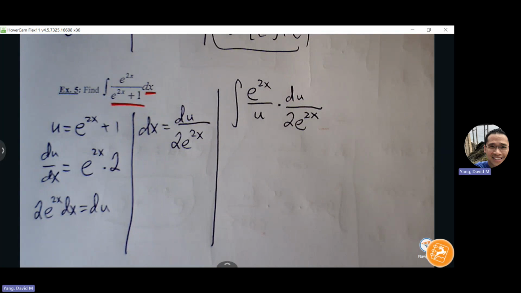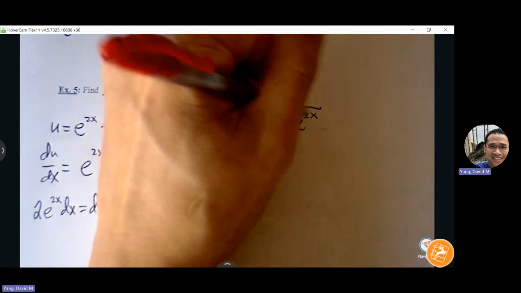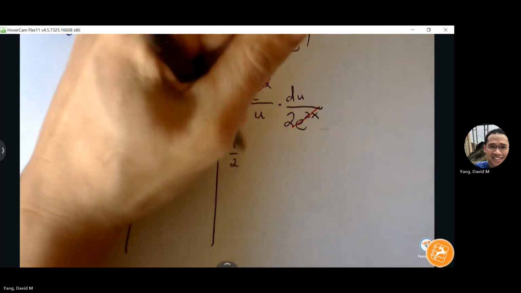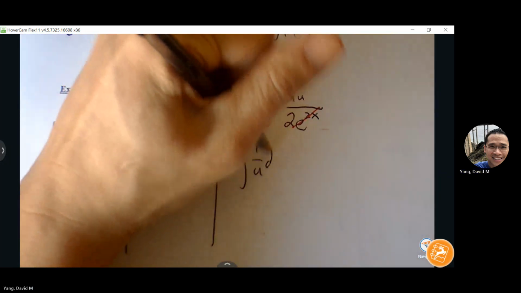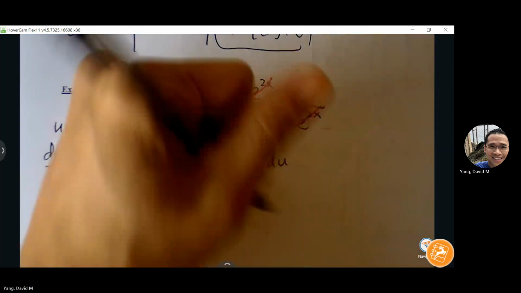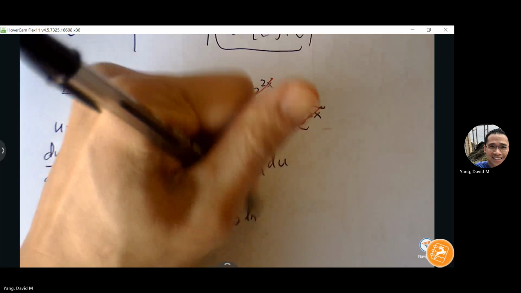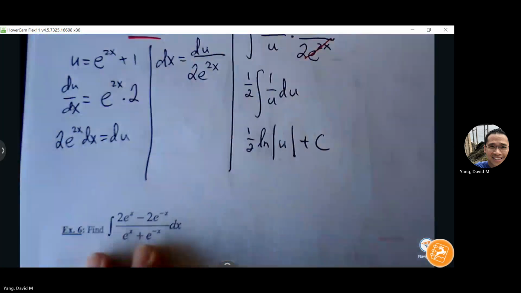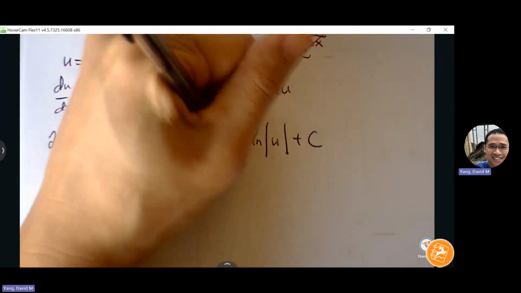Okay, x's go away, but there's a leftover what? Half in front. Okay, natural log rule here. Bring back your x.